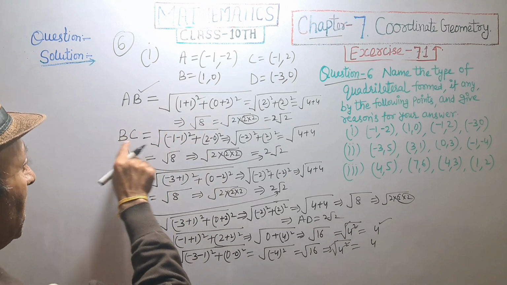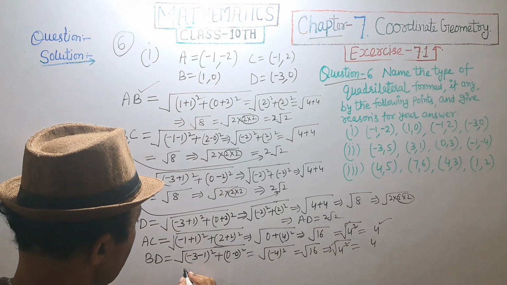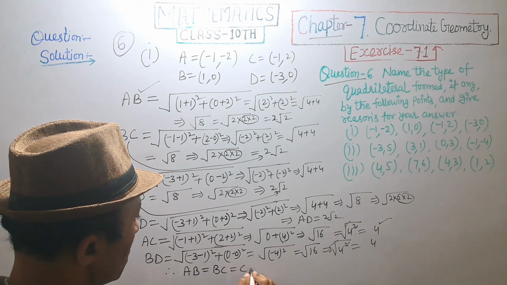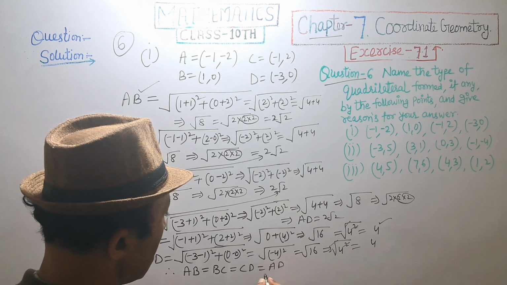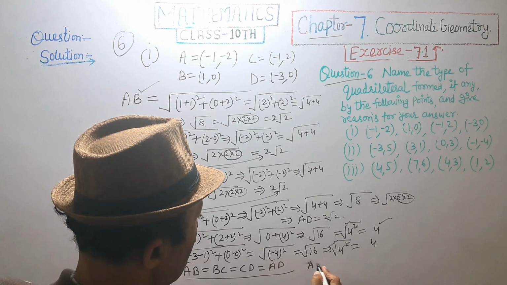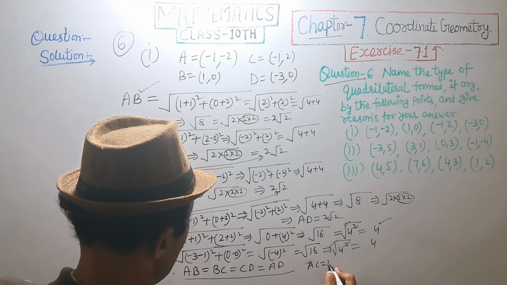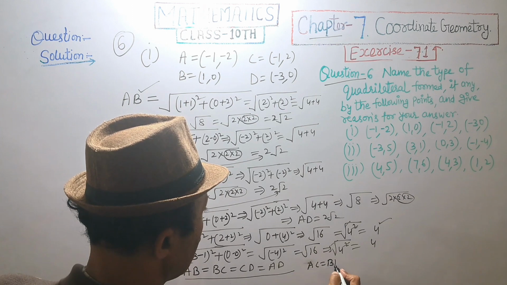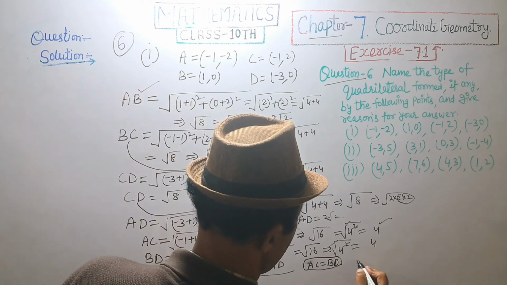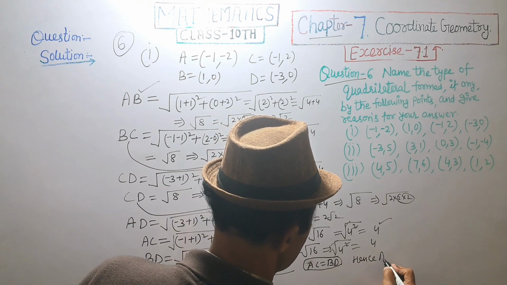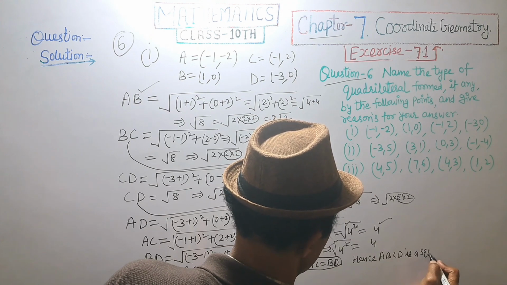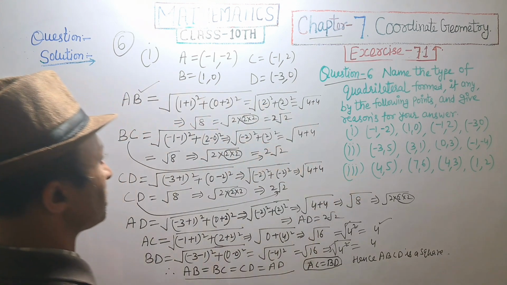But AB, BC, CD, DA: so AB is equal to BC is equal to CD is equal to AD, and AC is equal to BD. Hence ABCD is a square.